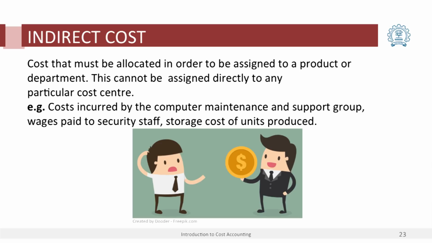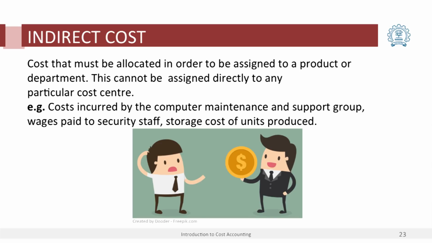But suppose there are 3-4 people who are assembling various PCs, it will be difficult for us to attribute the wage cost of a particular engineer to a particular PC. Or let us say we are using lighting or we are using power. It is difficult to know that lighting is for which particular PC. So, power cost, wage cost generally cannot be easily ascertained, then it is considered as an indirect cost.